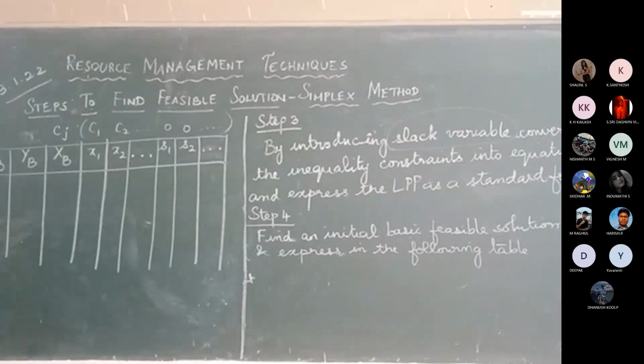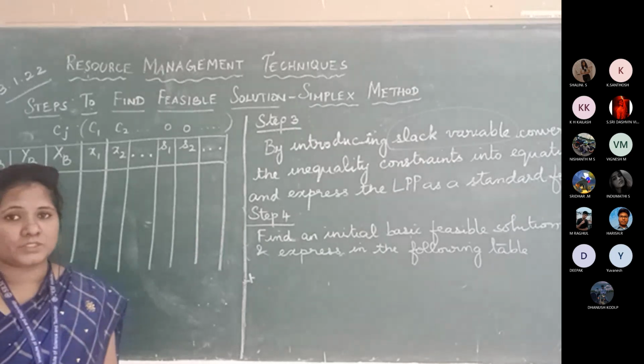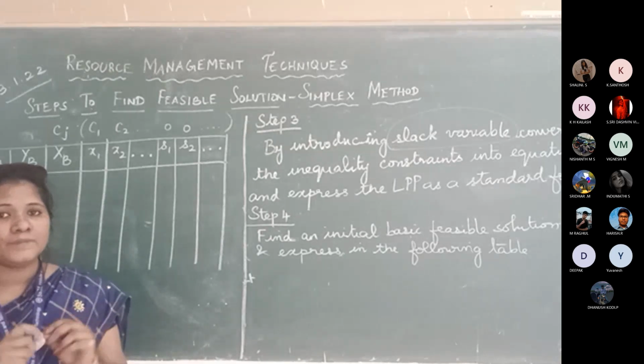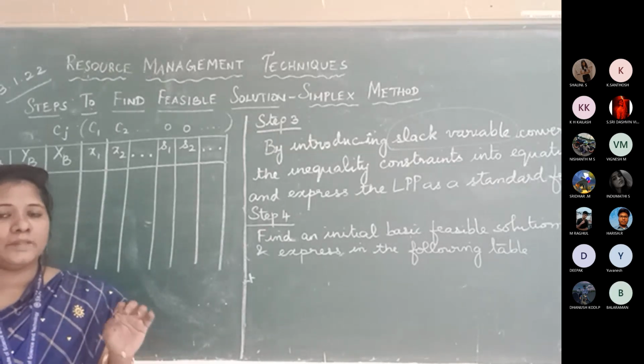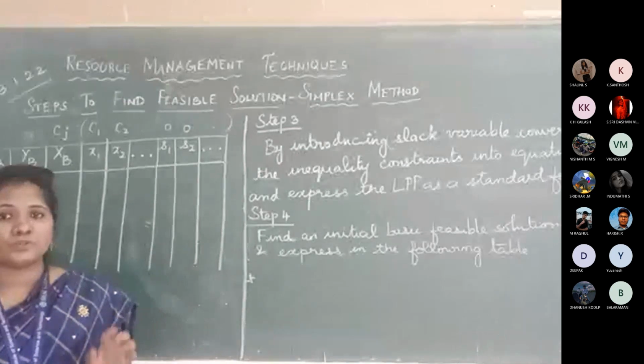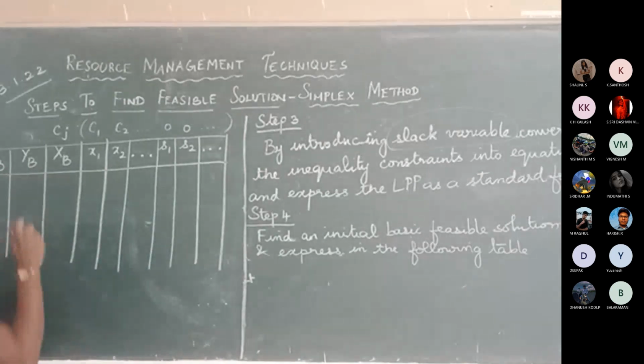Yeah. So write down this tabular column. And here what you'll have to write is your CB, which is nothing but the coefficient of your max function. They will give you one function, isn't it? And you write down the coefficient of your slack variable, so you will take it as C1, C2, C3, and so on.